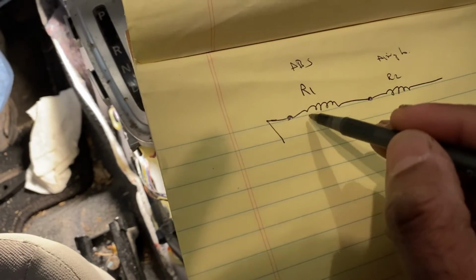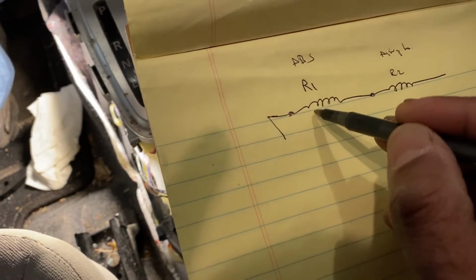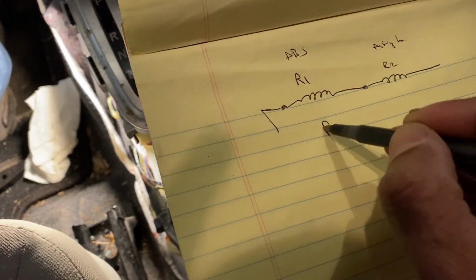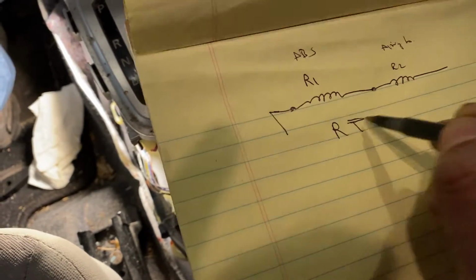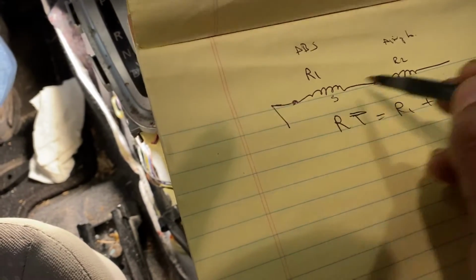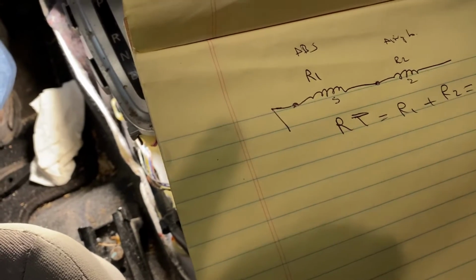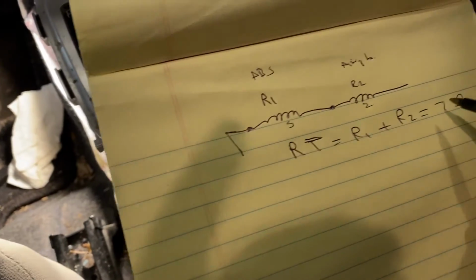In this case you have the two resistors in series, which is not our case in the car. If you have this in series, R total is R1 plus R2. So let's say this is 5 and this is 2, so R total is 7 ohms.